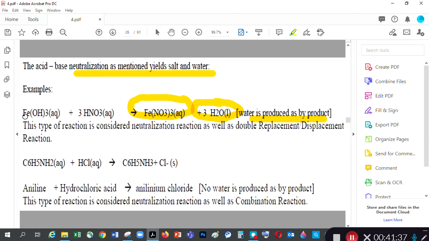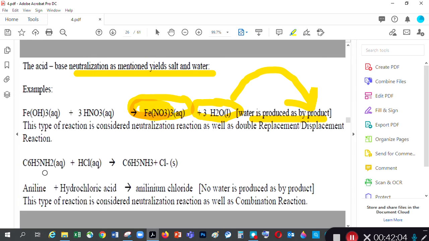So if I have iron 3 hydroxide plus nitric acid, it will give me iron 3 nitrate. That's my salt here. Plus H2O, that's my byproduct here. And this is considered a double replacement or displacement or neutralization reaction.